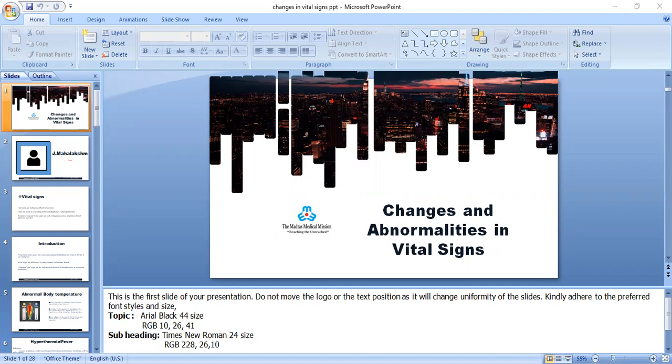Hypothermia may be due to increased heat loss related to low environmental temperature, burns, dermatologic conditions like severe psoriasis, and ethanol, which causes vasodilation.